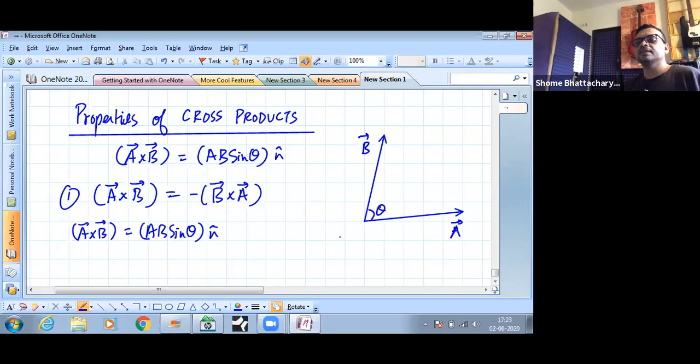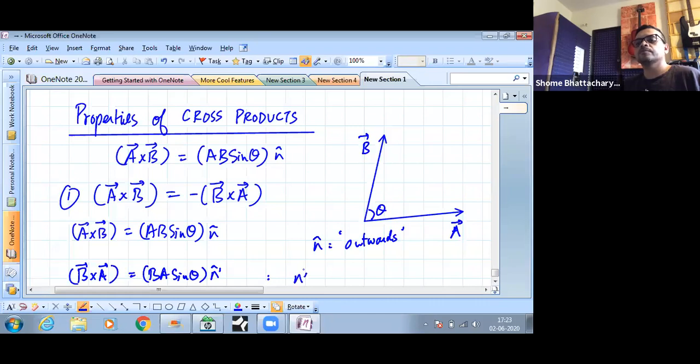So what will be the direction of n cap in this case? N cap will be, now use your right hand rule, so it will be outwards, it will be coming out. Okay. Now what about B cross A? B cross A will be BA sin theta, but into some other unit vector. No? Now what will be this unit vector?